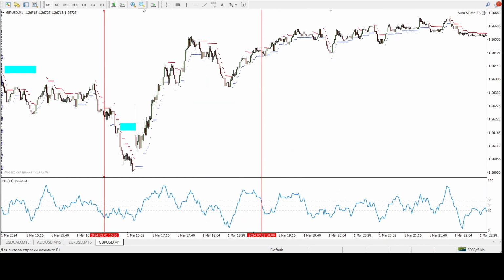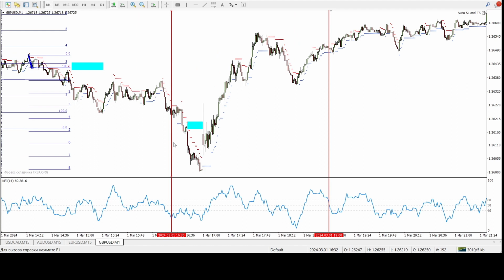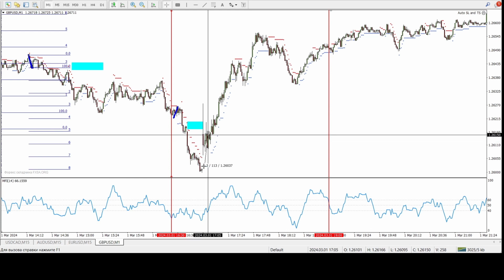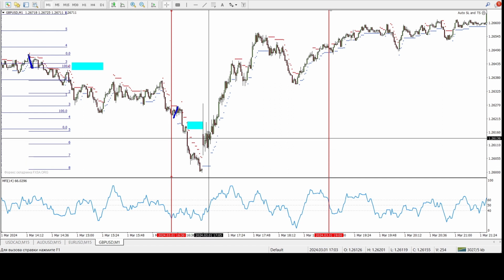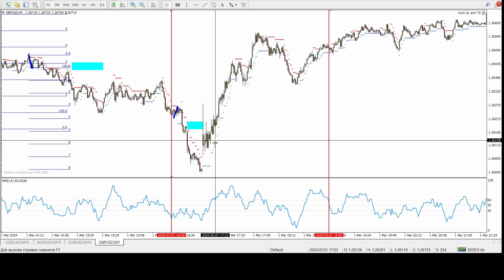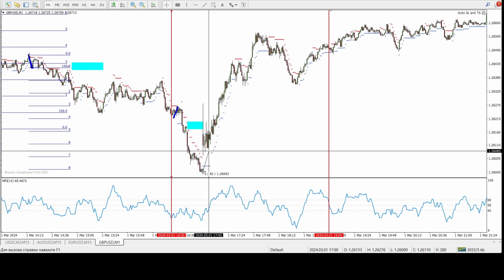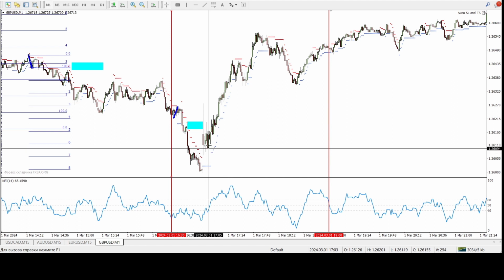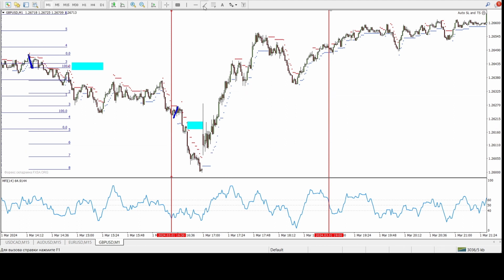From now on, we would start trading on an increase, and we would have an entry point here. But we would have closed at a loss and left. And our next entry point would be with a gap, here.